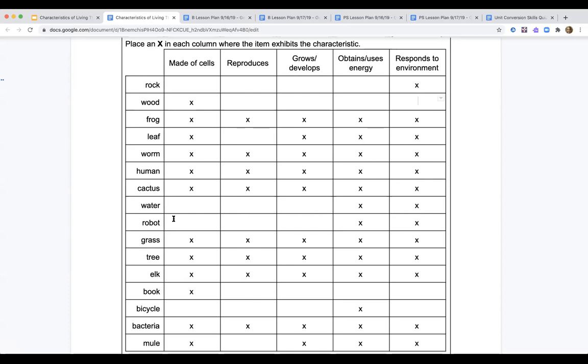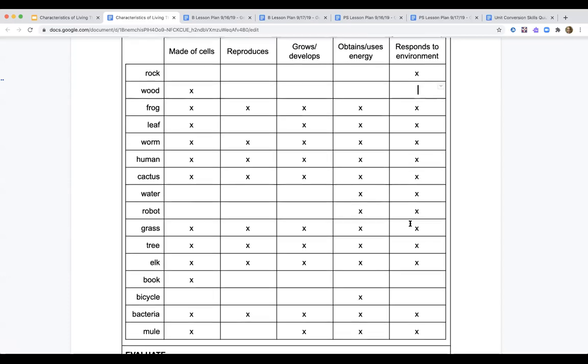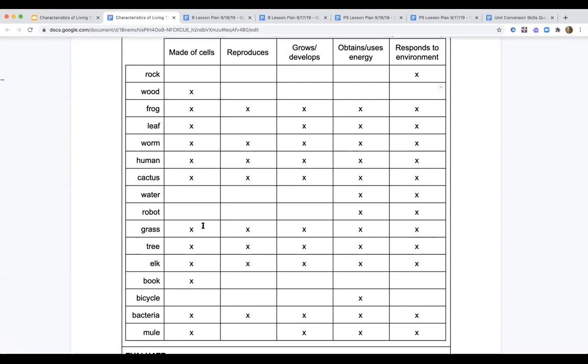A robot, it can obtain and use energy. You can plug it in. It can respond to the environment if you program it to do so. Grass is alive. It has all 5 characteristics. Trees, an elk, which is, I don't know if elks are in every country, but they're certainly here in America and here in Utah.